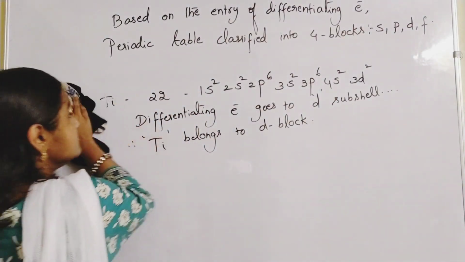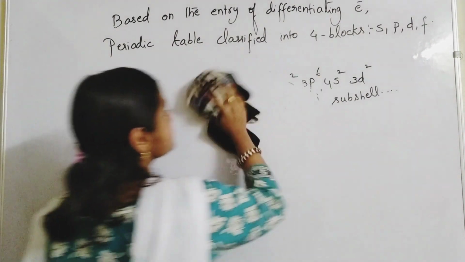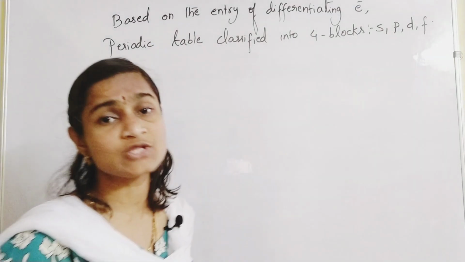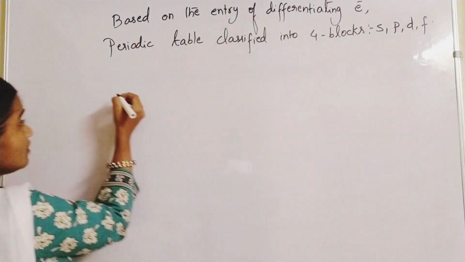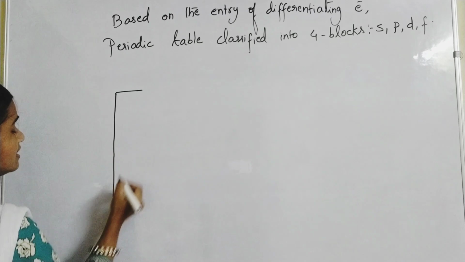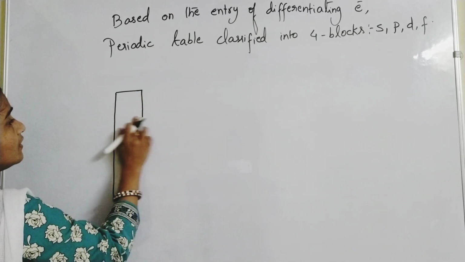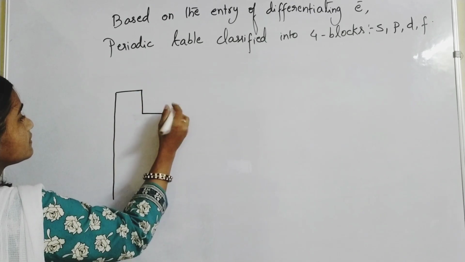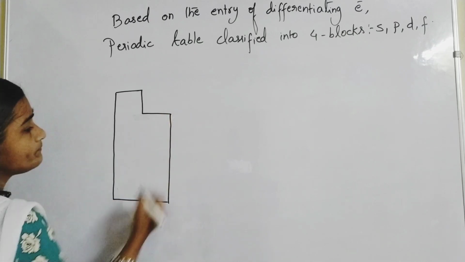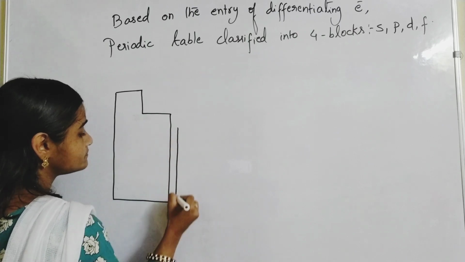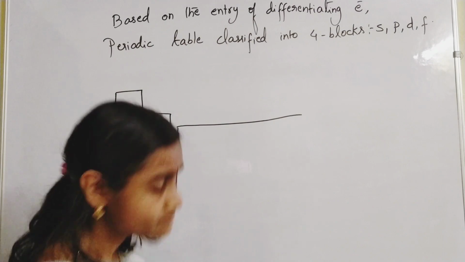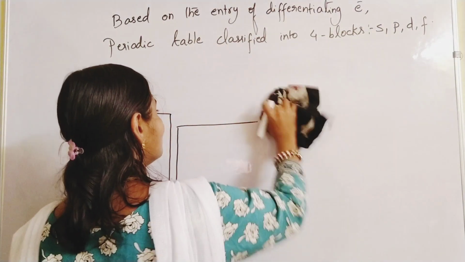So let us see what those 4 blocks are. If you just see the structure of the long form of the periodic table, you will find the structure somewhat like this. This is one block, and you will find a very big middle block.